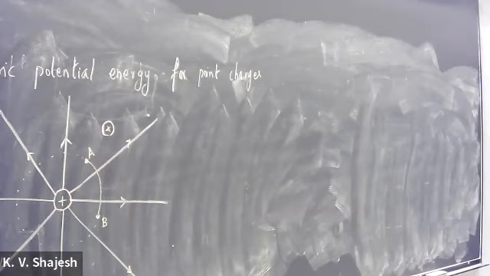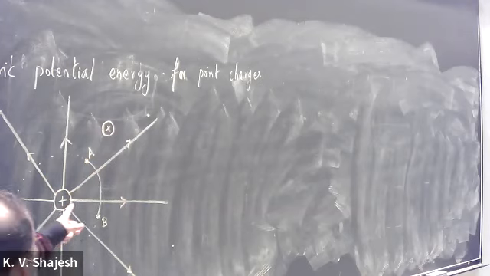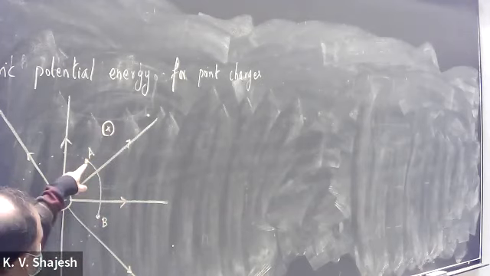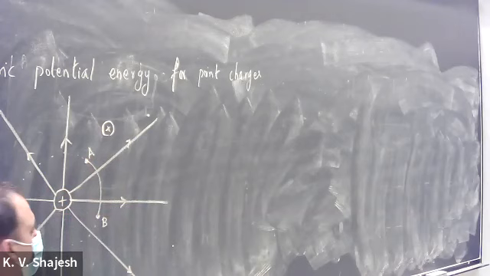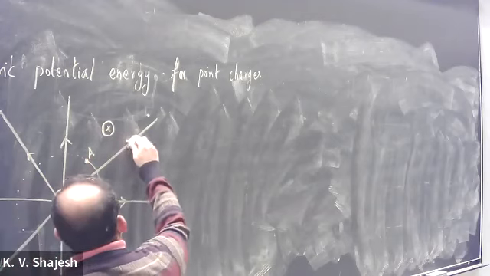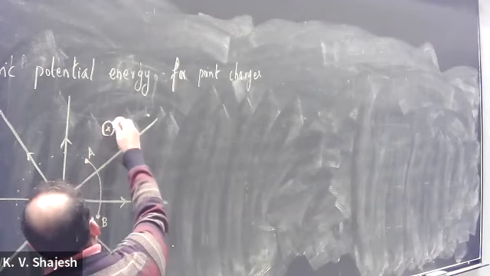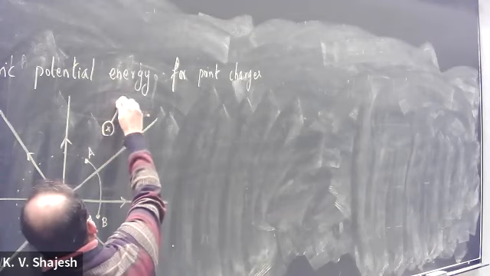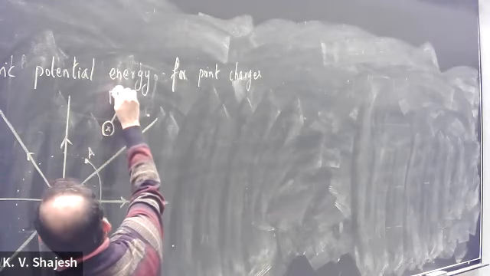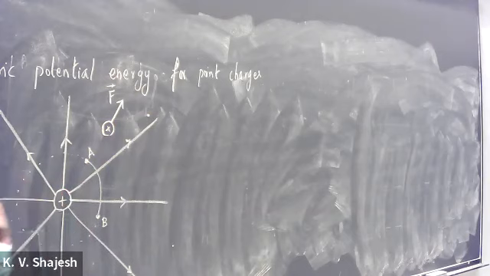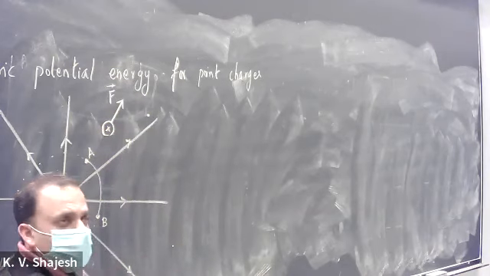And then again, let me ask, what is the work done during this process? The force is radially outward between the positive charge and this, the force is always radially outward. That's your force, at every point, wherever you are.